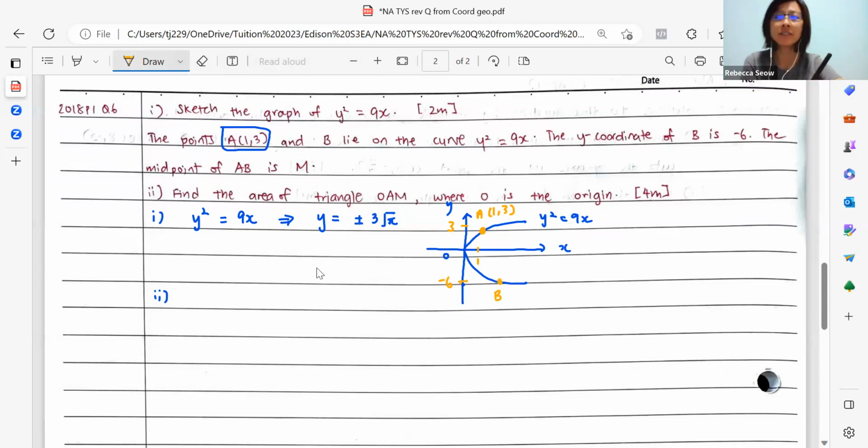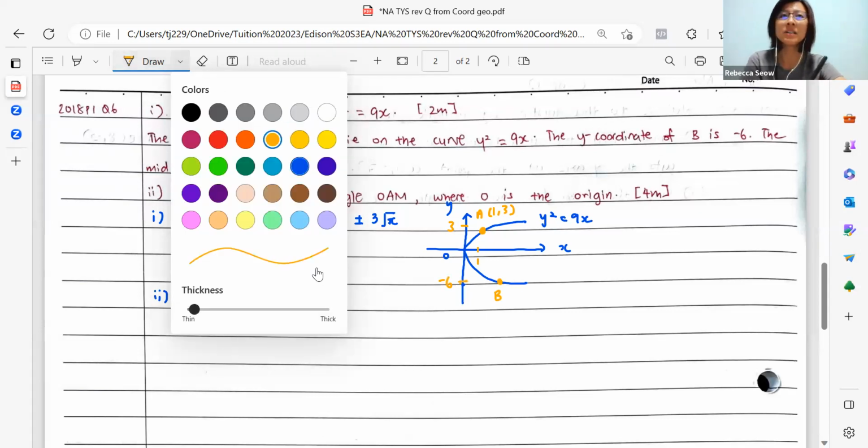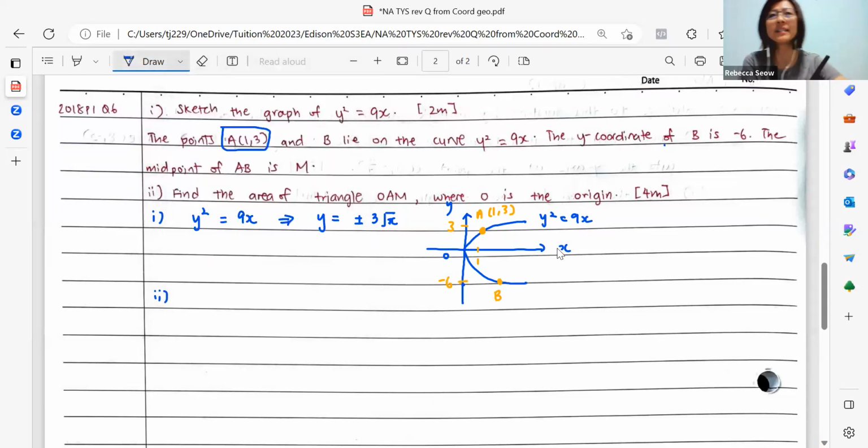We do not have the full coordinates of B, but it is not impossible to find out. If the y coordinate is negative 6, let's substitute y equals negative 6 into y squared equals 9x.